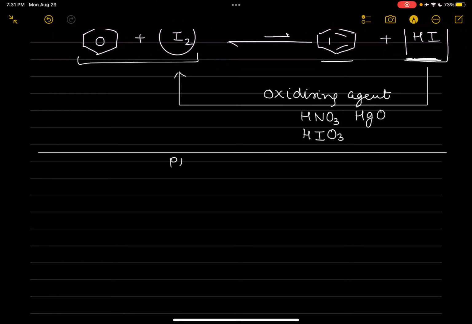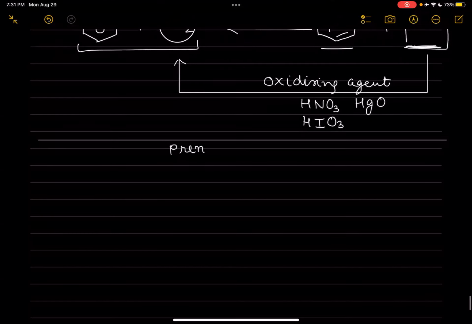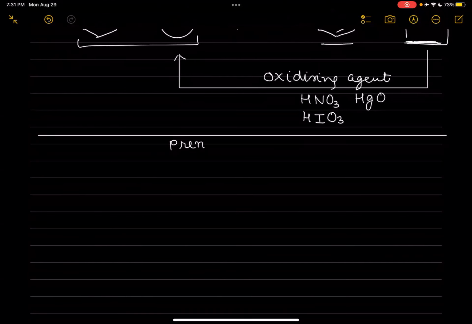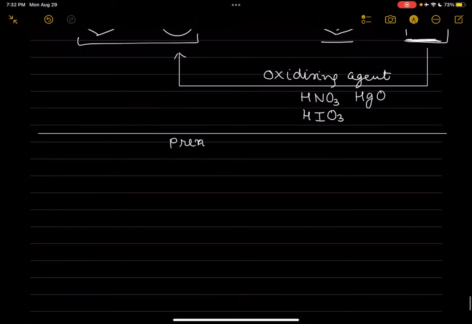This is the next subtopic of this chapter, but this method of preparation is not only from this chapter. It is actually useful everywhere. This is a long process, so part of it I will do in this chapter, but it will be there in the phenol chapter and in the amines chapter. Everywhere it will be useful.